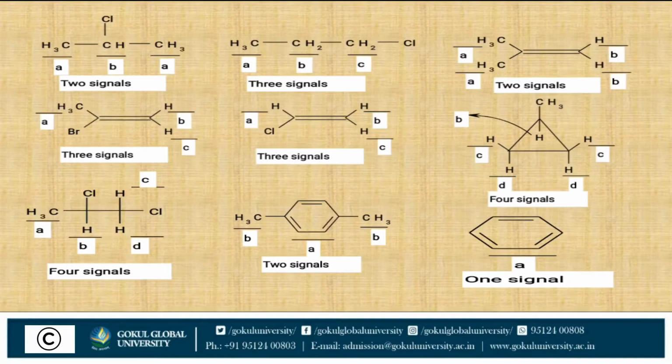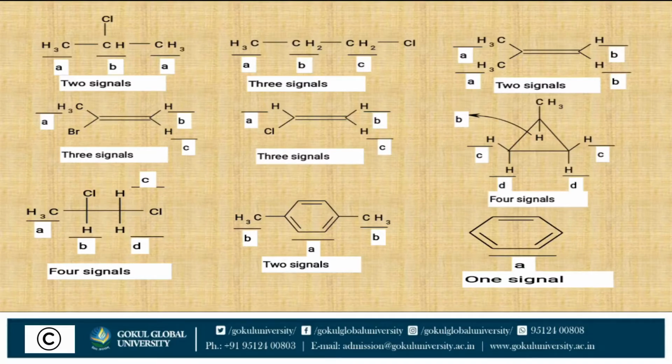Similar to the other two examples that have two signals and four signals, these are the four signals of 1,2-dichloropropane. For the four signals of hydrogen, A is the methyl group, B is on the carbon bearing chlorine at the number 2 position, and the other two signals are on the number 1 carbon.